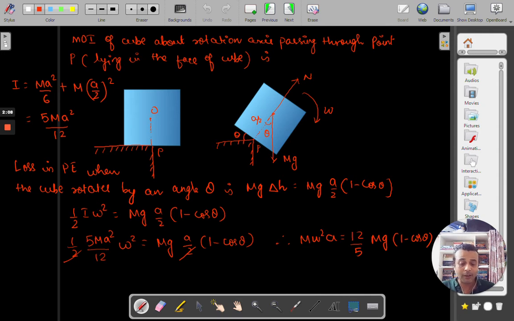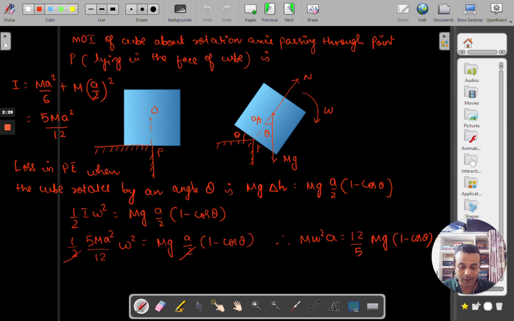Now as the cube is rotating about point P, the rotational kinetic energy of the cube is gained due to the loss of potential energy when the cube rotates by an angle theta. As you can see, this angle is theta, so of course this angle will also be theta.